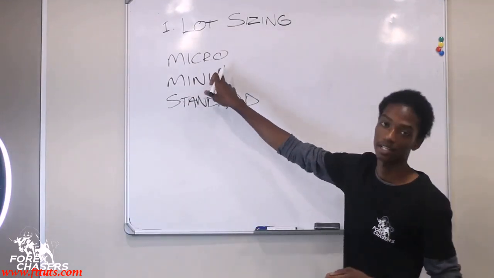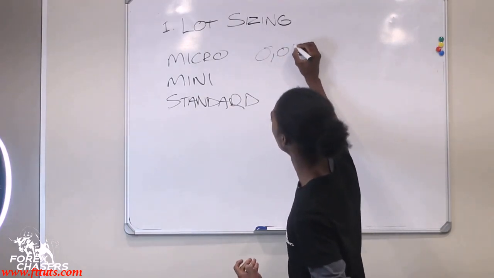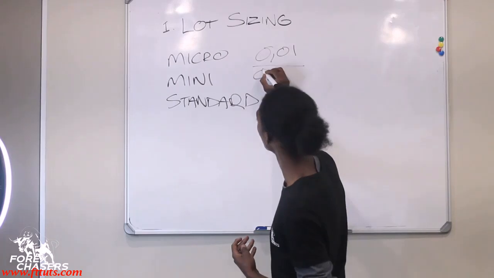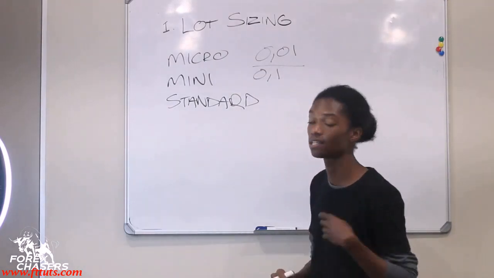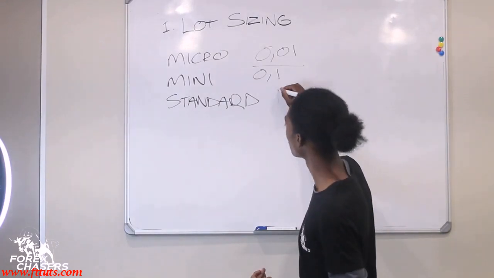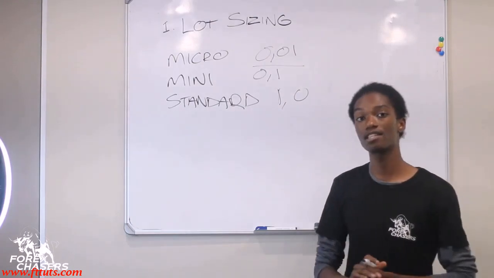A micro lot is when we use 0.01 as our lot size. A mini lot is when we use 0.1 as our lot size, and a full standard lot is one full lot, which we could also say is 1.0. So that's essentially our lot sizing.